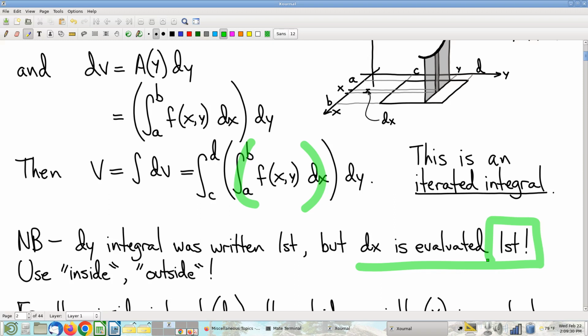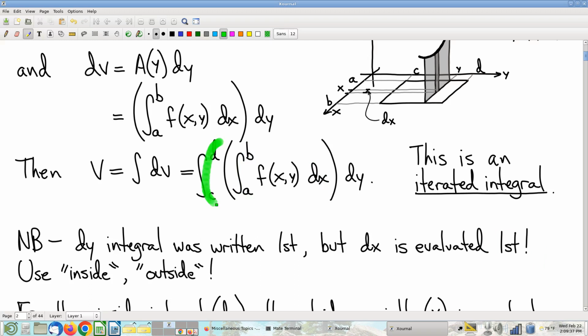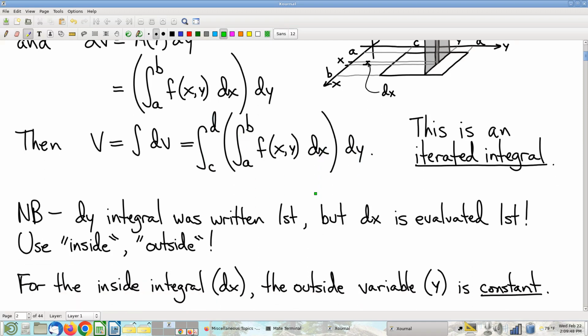So this is a terminological problem. If I say the first integral, do you mean the one that was developed first, or the one that's going to be evaluated first? The term is unclear. We don't want to use unclear terminology.